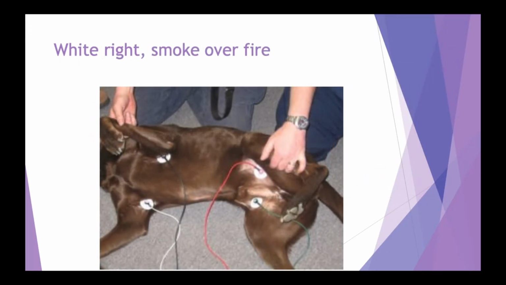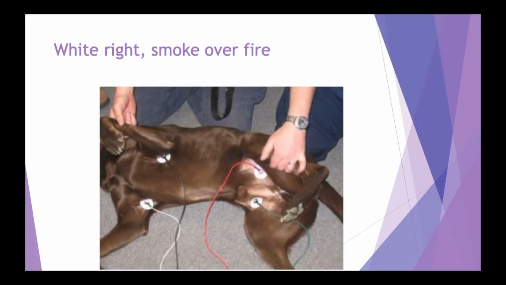In order to measure these electrical impulses in the heart, we have to apply ECG leads, of course. Depending on the type of unit that we're using, they have numerous types of leads, typically either 3 or 4. A little way to remember, if we're using a 3-lead system, which most of them are in regular veterinary medicine, we can use the little analogy: white on right and smoke over fire.